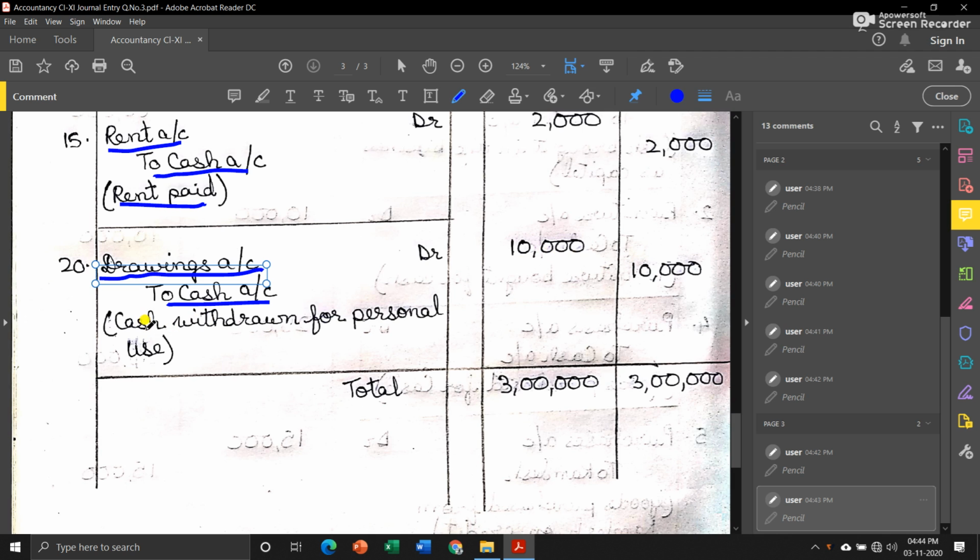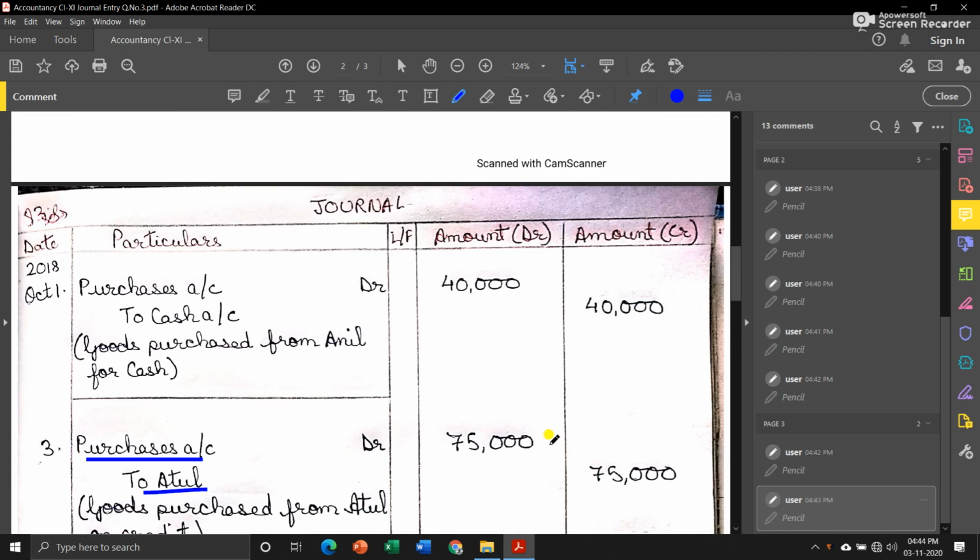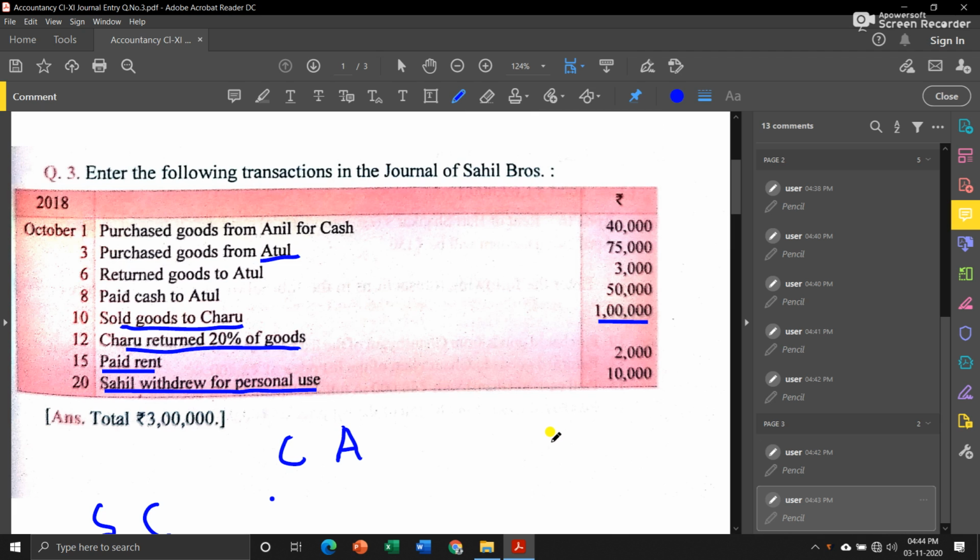So in narration we wrote cash withdrawn for personal use, and after that we found the total is rupees 3 lakh. I hope you understood these journal entries, and if there is any confusion you can ask me, because these are the easiest transaction journal entries, and what we will see from next session are a little bit complicated.